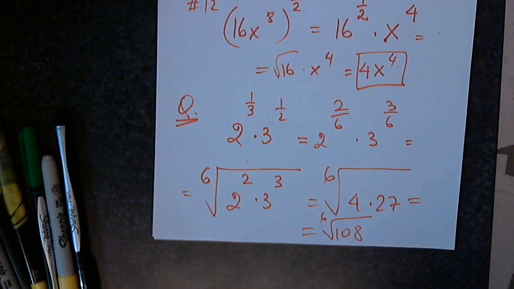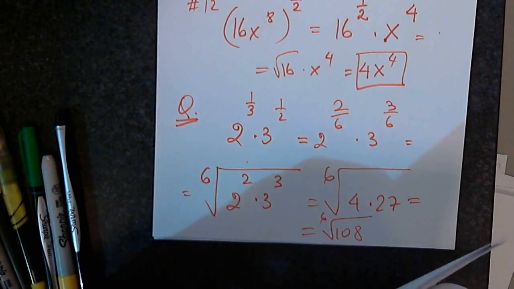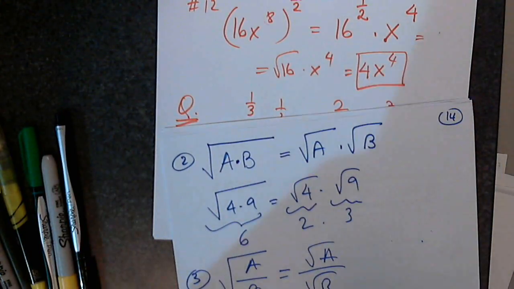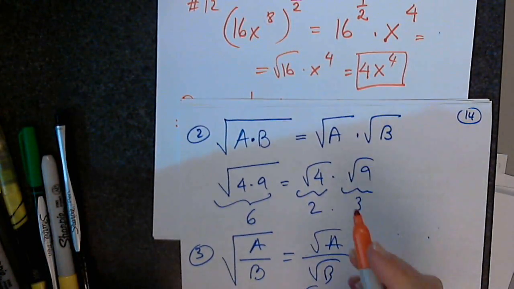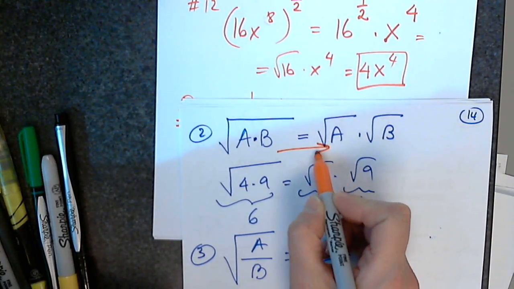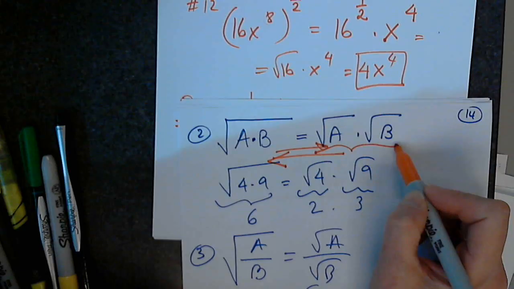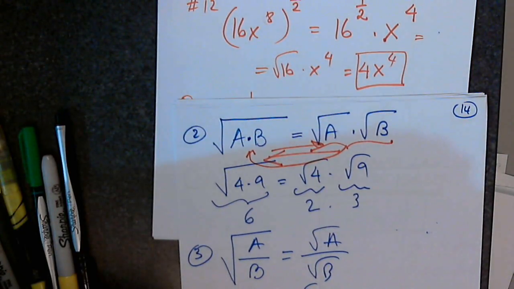And that is actually a perfect question, because I forgot to mention one thing. It's clear, but I should have mentioned it, and your question just reminded me of that. See, this rule, like all the other rules, goes this way, but it can go this way as well. So if I'm given a product of two radicals, I can rewrite it like this, and this is exactly what we just did.